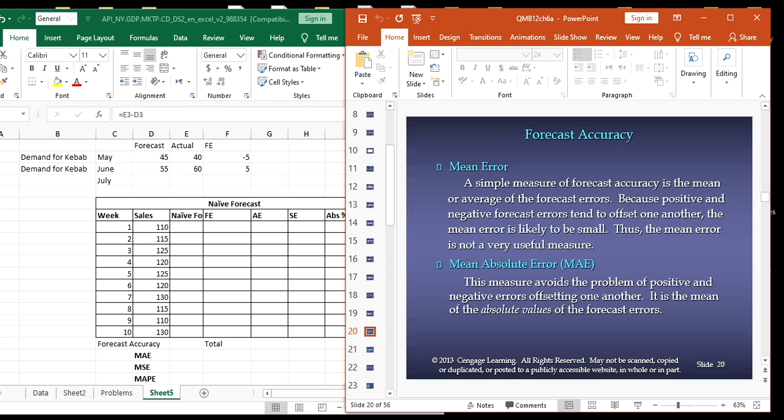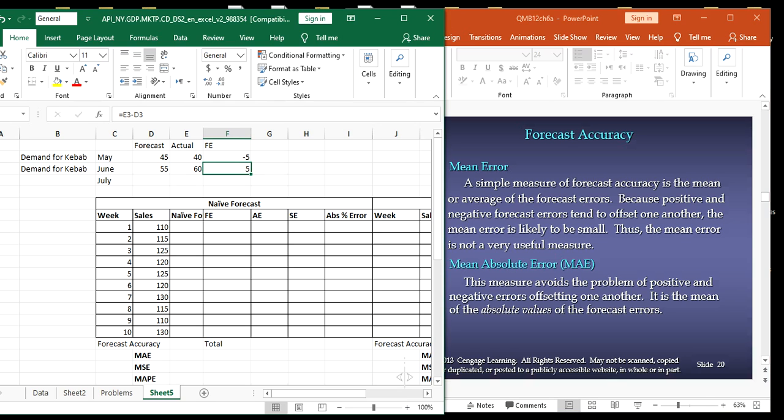So therefore, it's better to use the absolute value of it. What do we mean by absolute? The absolute is with no negative sign, all positive. And then we understand how much we made a mistake. So what's the difference? Like we have minus 5 here and 5 here. So both are different. Both are 5 million dinar errors in the forecasting.